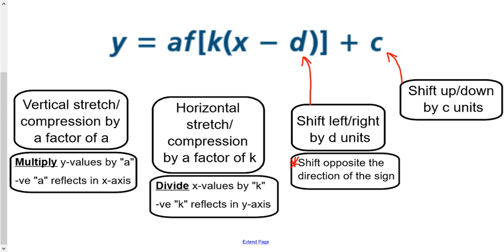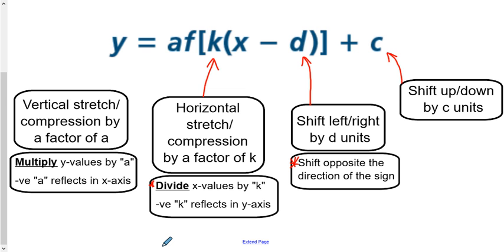The ones that can get a little trickier, we've got our k value right in here, and that's our horizontal stretch or compression by a factor of k. So what that means is horizontally, we're going to apply this to our x values only. As you can see down here, I've written a little description. It says what we're going to do is divide our x values by whatever k is.